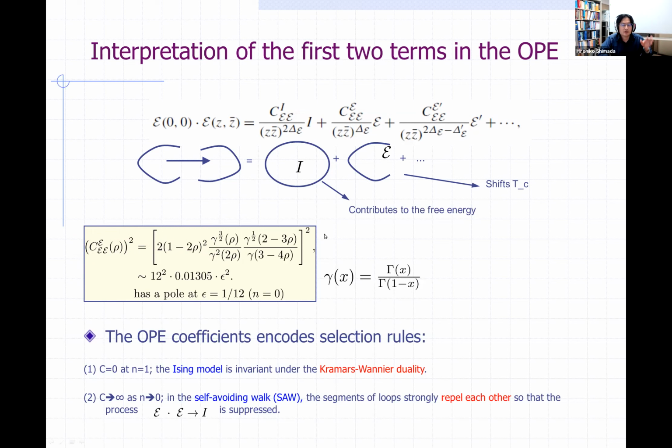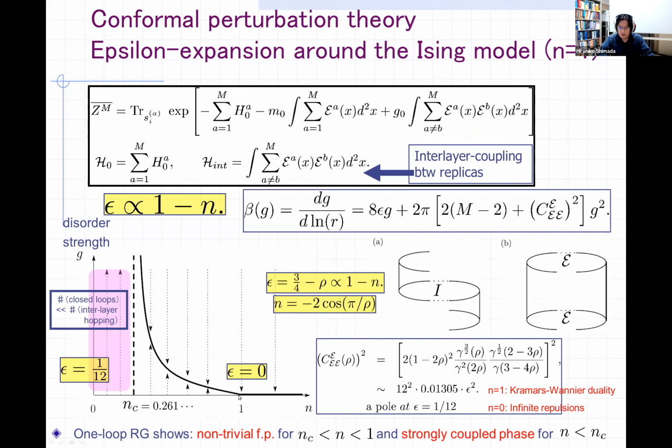Actually, this has an important consequence in the RG flow. So the schematic RG flow looks like this. Below n equals 1, it can create a weak coupling random fixed point. But if it approaches n equals 0, it runs away to infinite strength, infinite disorder strength.